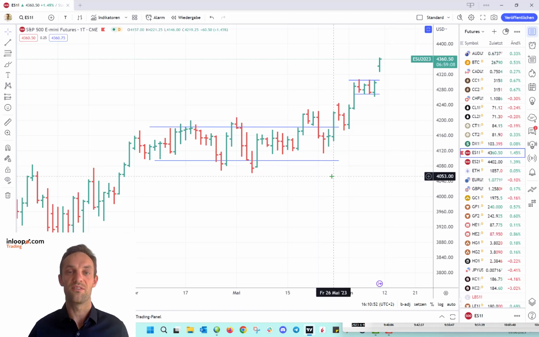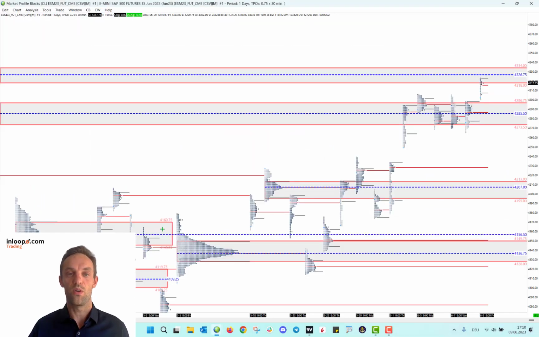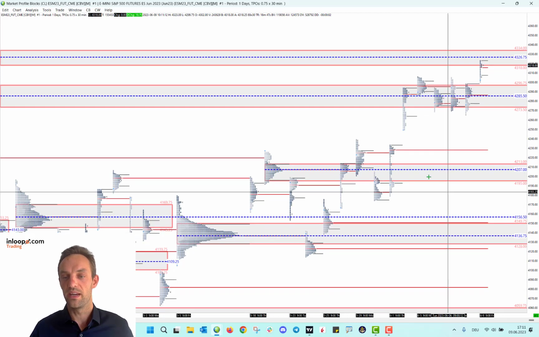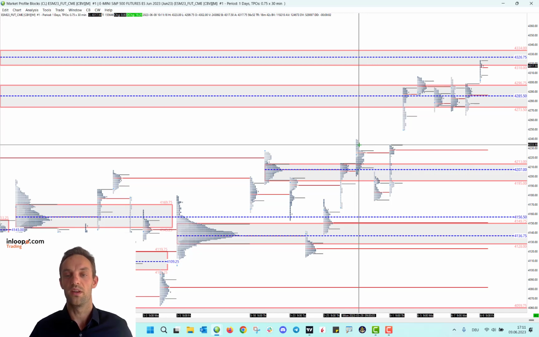So I'm using here for my day trading a different software, and this is covering market profile. So I'm opening here Sierra Chart, and here you can see more or less the same time period, starting at the bottom from the 14th of April, and here you can see the range. So this was the breakout of the range. Each market profile here covers one day.